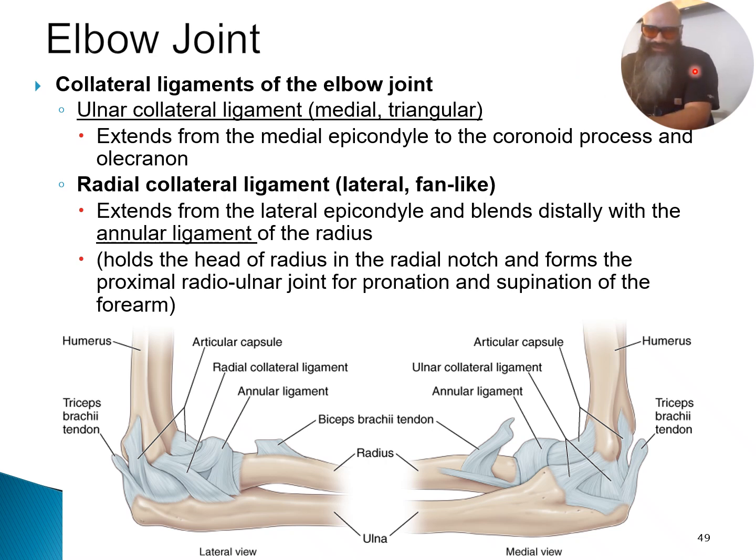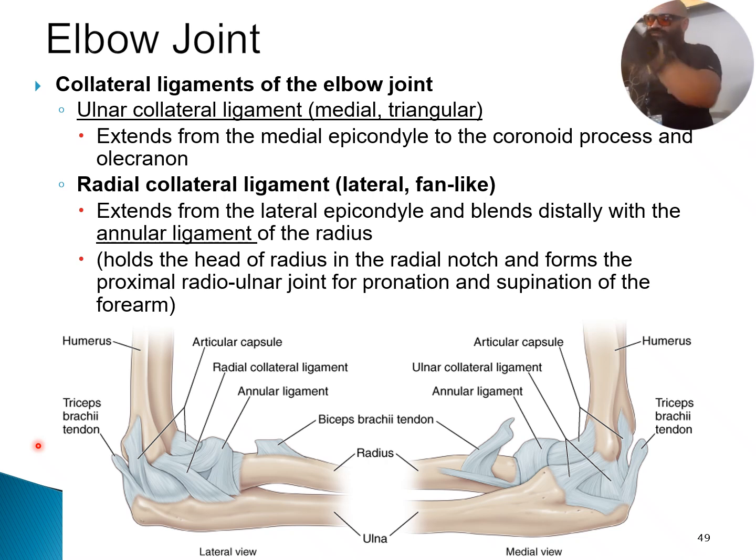So the annular ligament literally wraps around the humeral, sorry, the radial head. It's like a ring, and it literally wraps around like a ring.